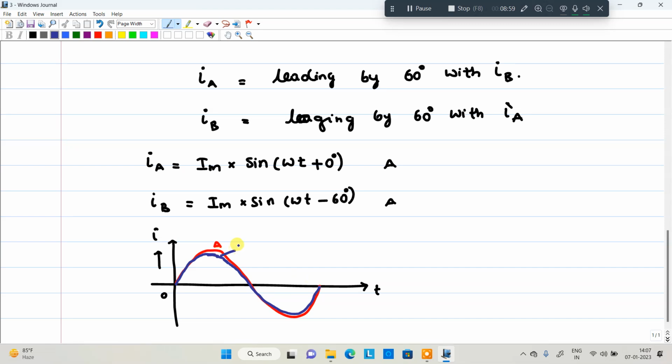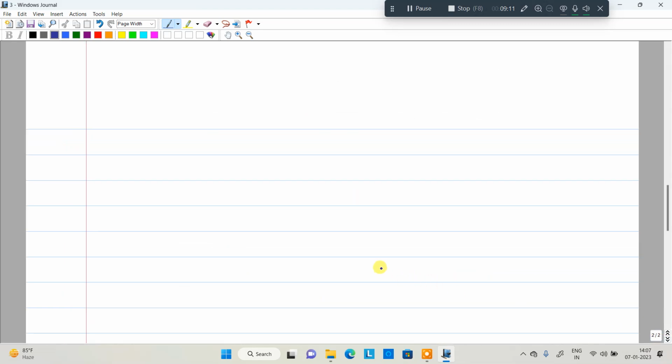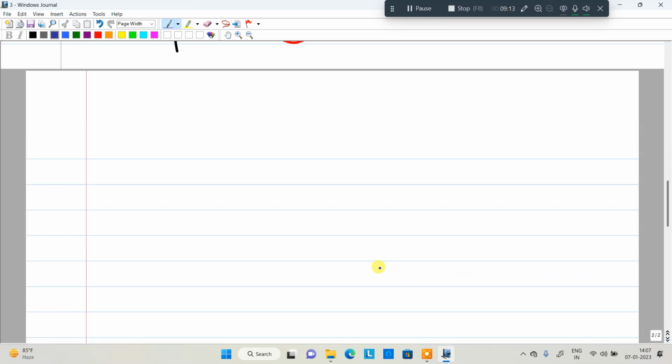This is B. What is the phase angle? The phase angle is 0. The phase difference is 0 because both are in phase. Clear? Next, I will take another waveform to identify the phase angle.